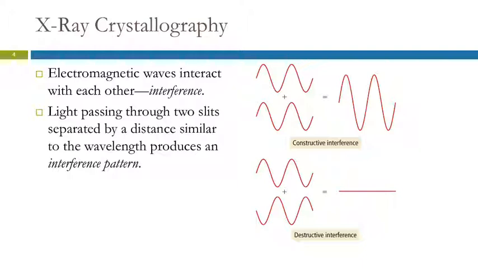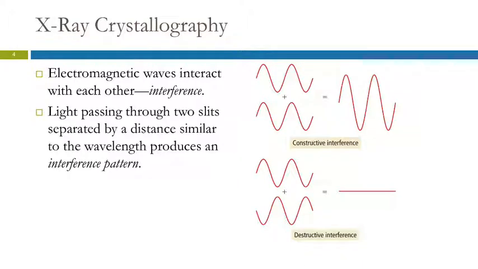X-ray crystallography is a way to look at how the different atoms and molecules are arranged. So we learned that electromagnetic waves can interact with each other, called interference. If two waves are in phase, they'll react constructively, and if they are out of phase, they'll react destructively. And we also saw that light passing through two slits, where the distance is similar to the wavelength, produced an interference pattern.